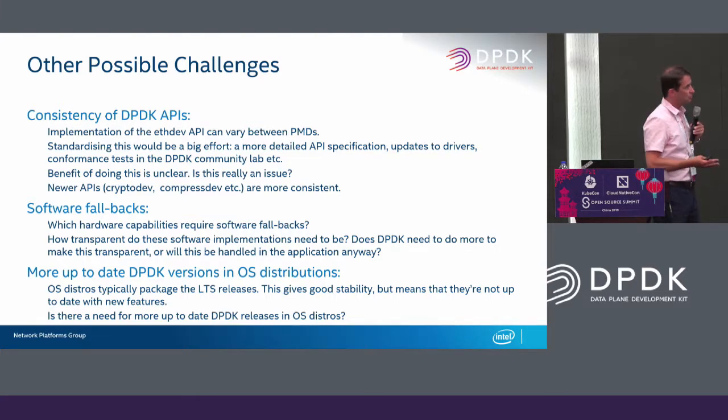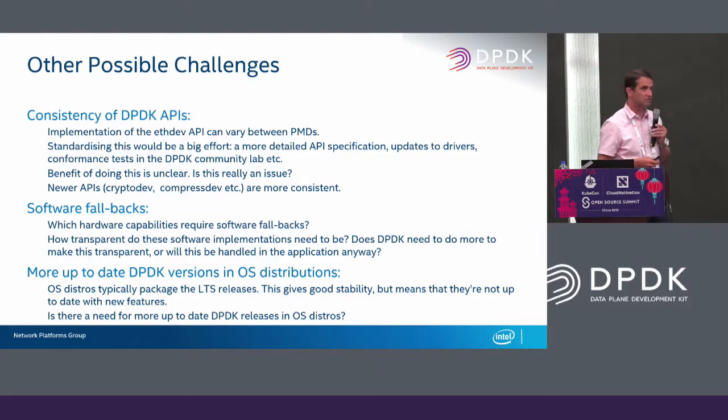So the question we've been thinking about and talking to Red Hat and Canonical and others about is, do we need to do something to do more frequent updates of DPDK releases into the OS distributions? Again, if people have thoughts, input, feedback, that's another area we'd be interested in.